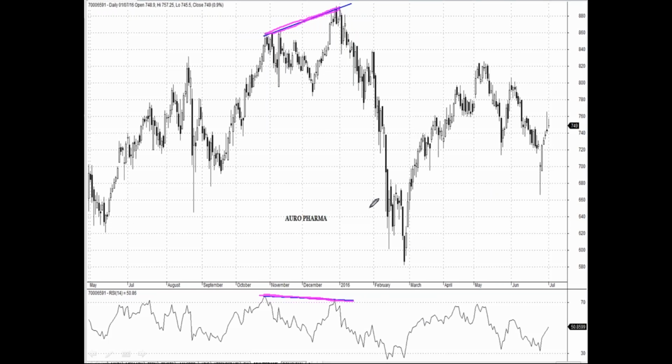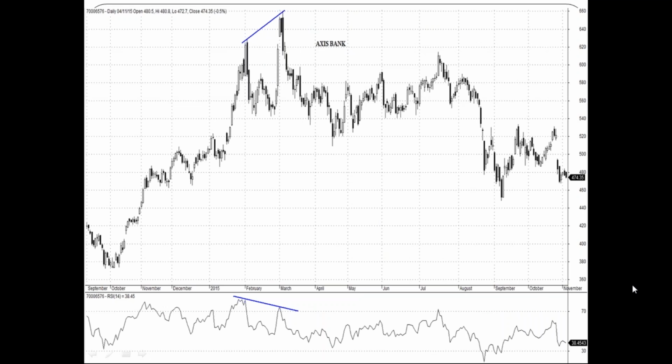And when we see this reaction, next Axis Bank, again the price makes a higher high, the indicator makes a lower high, and then we see this reaction. This is a bearish divergence in the bull market. The prices are recording higher highs and suddenly the indicators record a lower high, and then we get a reaction.